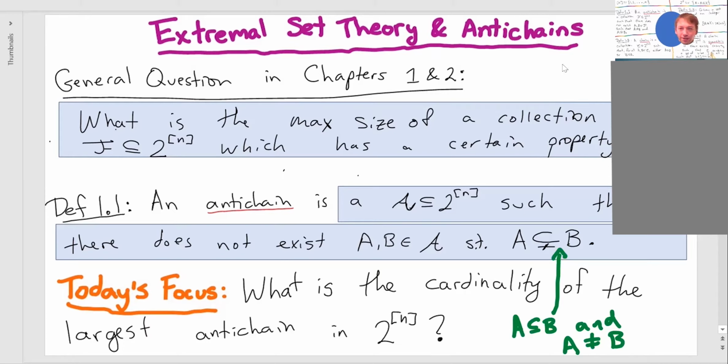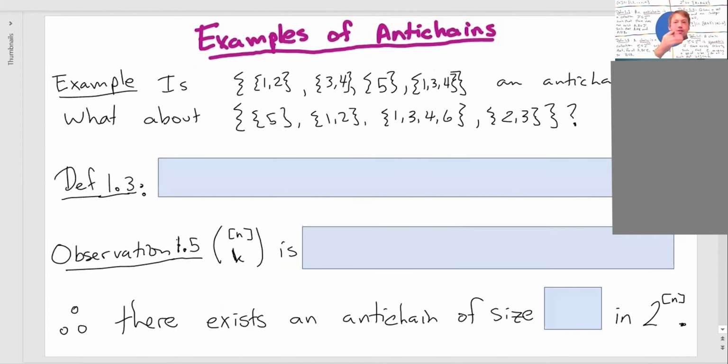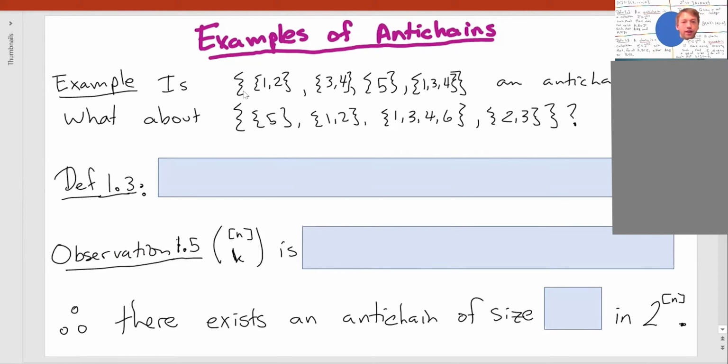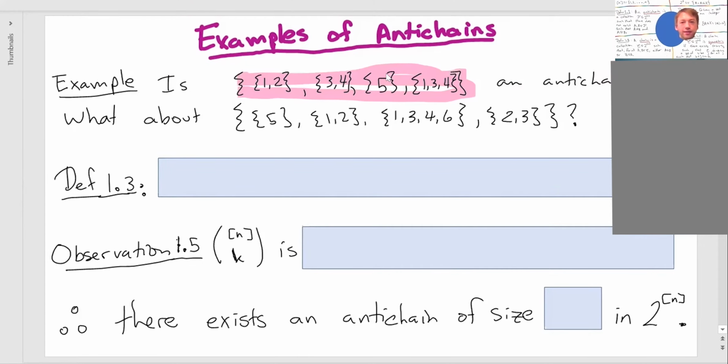The basic picture here is that you've got some points and some various sets, and let's say n is 8. You can take a bunch of sets, and the rule is you can't have one contained in the other. So some examples: is this an antichain? The first collection. Any thoughts? No, because the second one is contained in the final one.